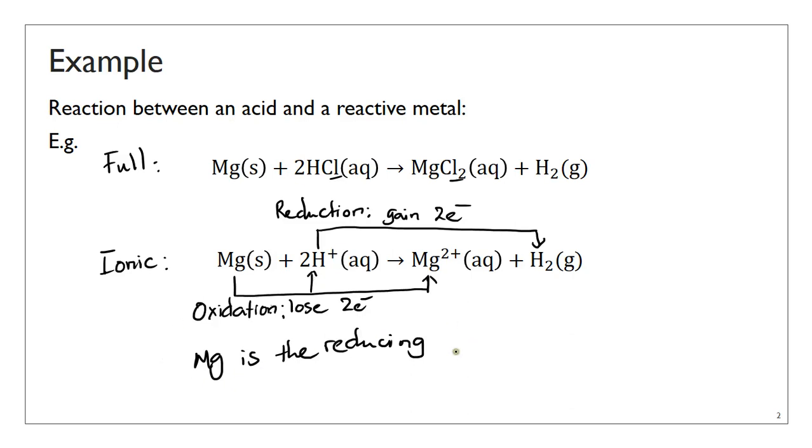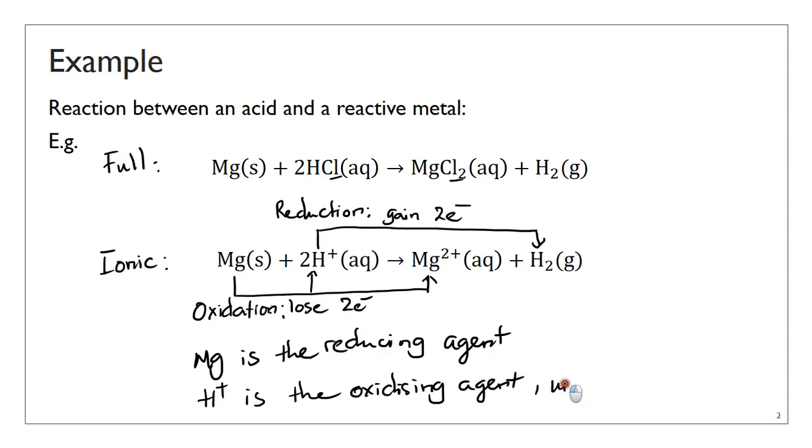Hence, magnesium is the reducing agent, and hydrogen ions or protons is going to be the oxidizing agent. So the oxidizing agent undergoes reduction, and the reducing agent undergoes oxidation.